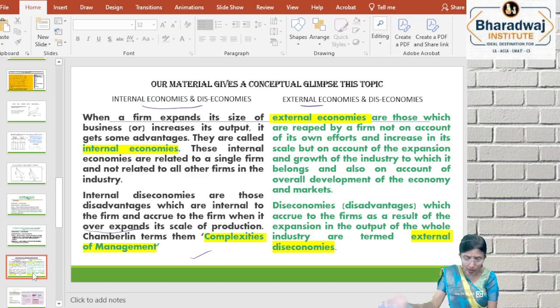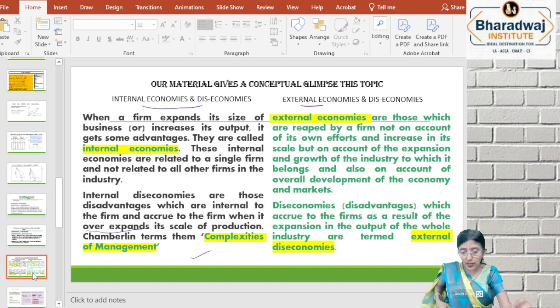I have highlighted it because it's from your parent source. Do you understand it? Have you taken it down? So this is about internal economies.